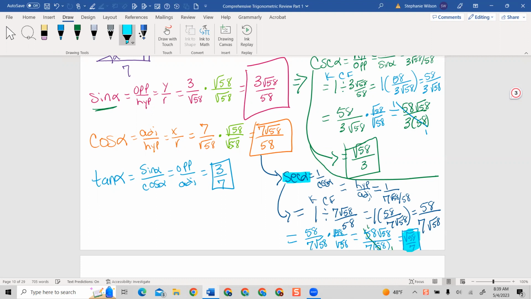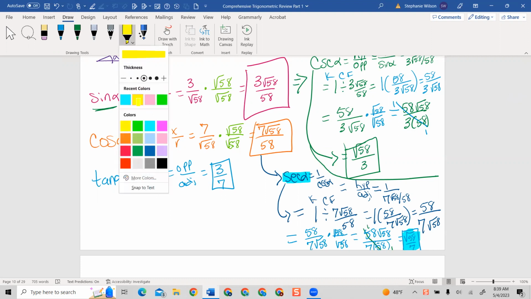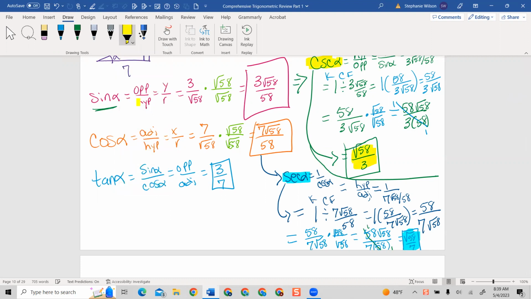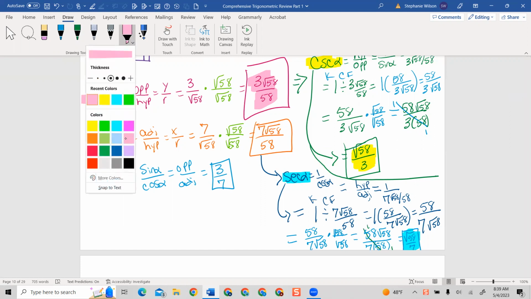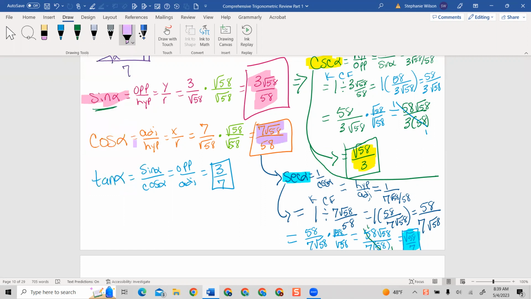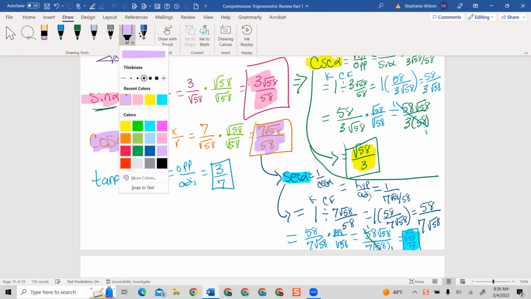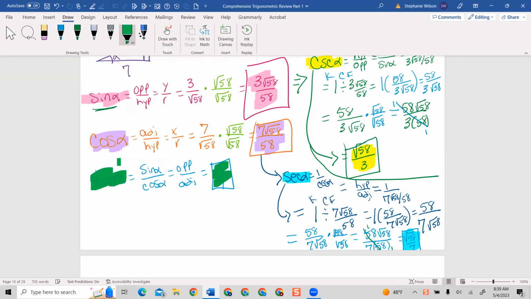Whenever we've got so much going on the page, you can do this. That helps. Just change it up a little bit. Just trying to make it where it's not so much on the page you can't make out what part is what.